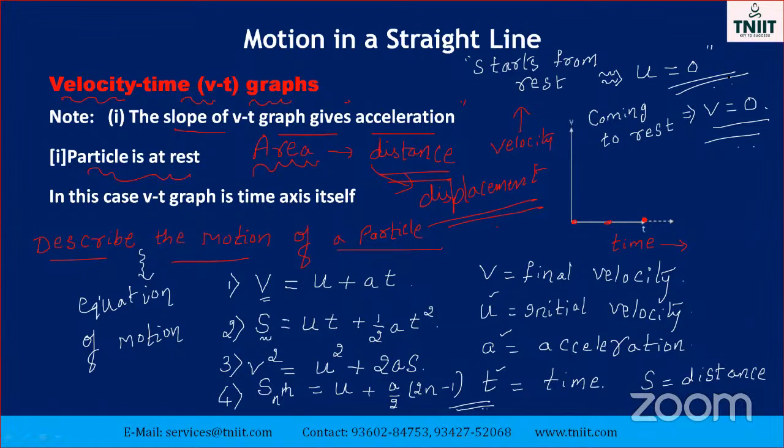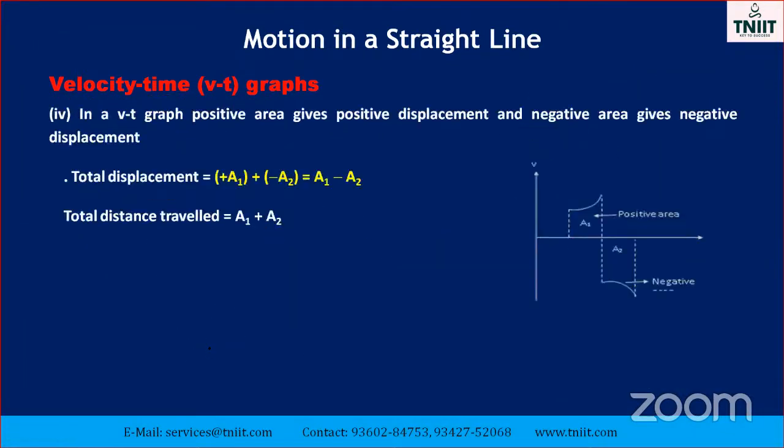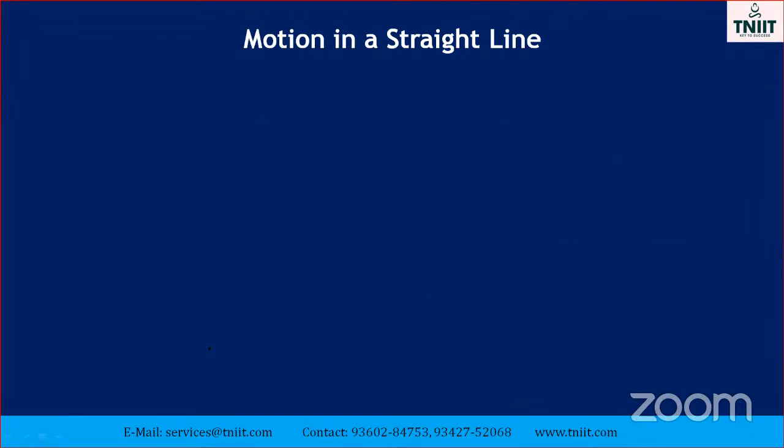Students, in the syllabus, we have the derivations of these equations, especially the first three: V is equal to U plus AT, V squared is equal to U squared plus 2AS, and S is equal to UT plus half AT squared. So let me derive all these three equations of motion.